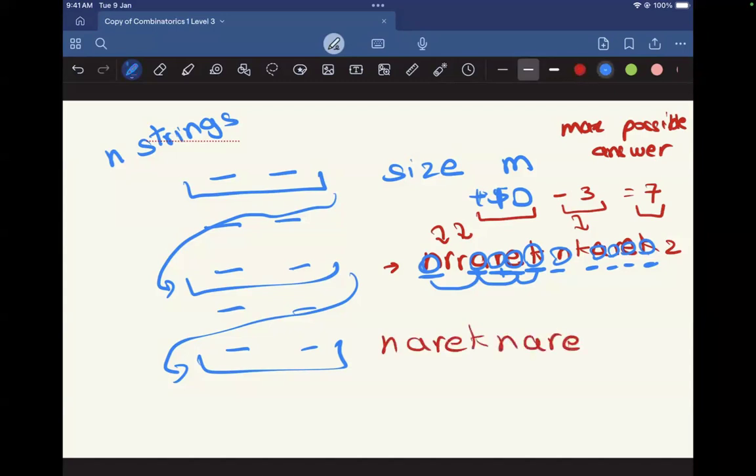Okay. I would have taken NAREK. I would have taken NARE. All right. Because I was not able to reach K. Do you agree that my answer would be 5 minus 4, which is 1?